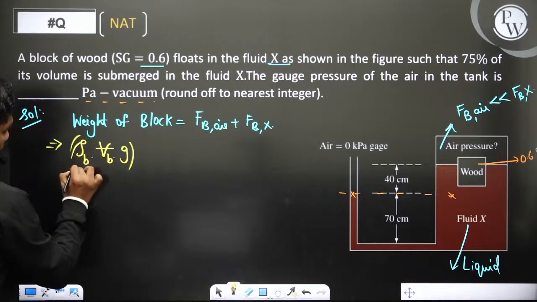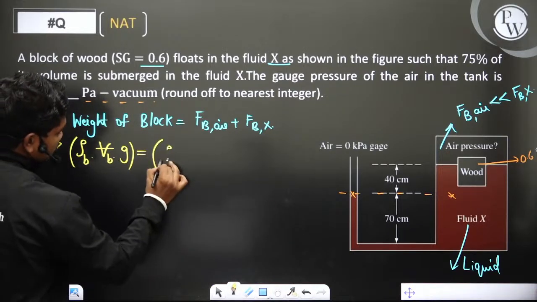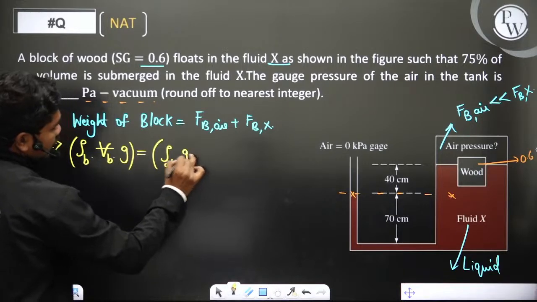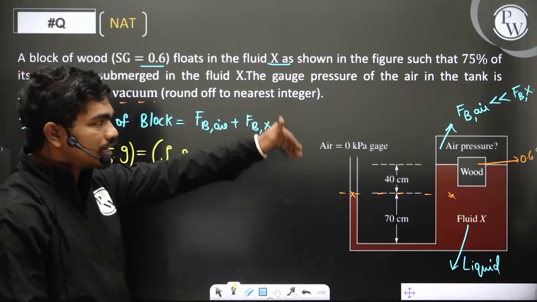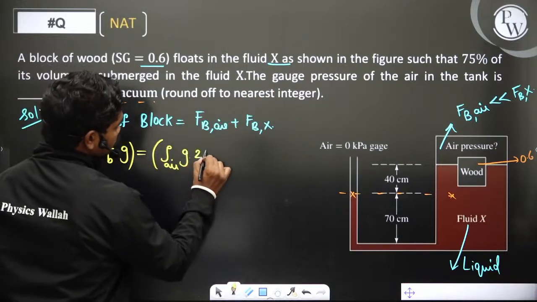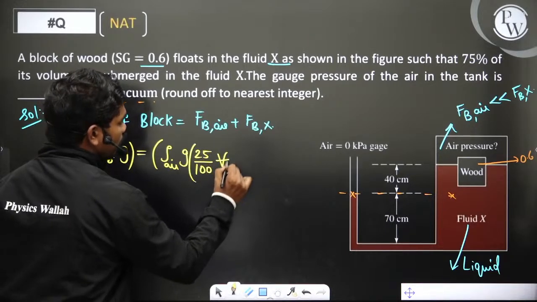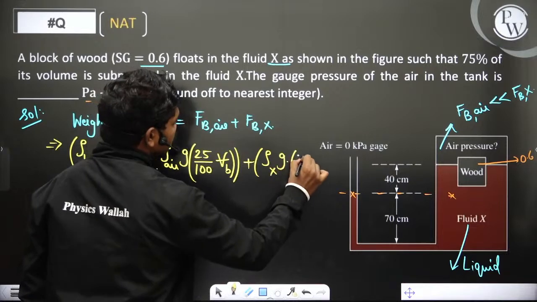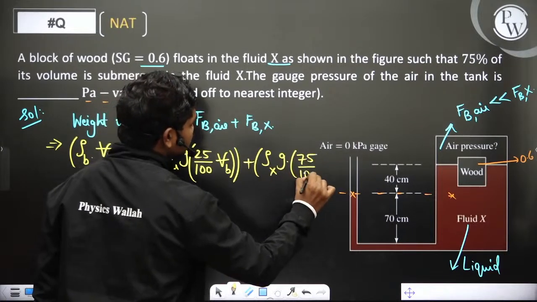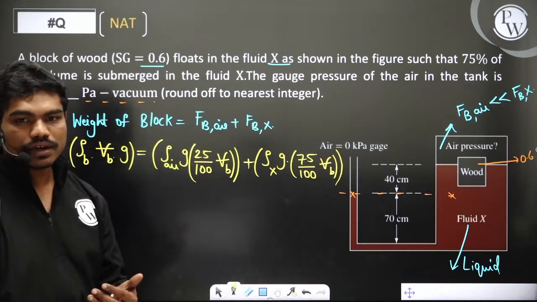This is equal to buoyancy due to air, density of air into G into 25% of the volume, since 75% is submerged in fluid X and the remaining 25% is in air, plus density of fluid X into G into 75 by 100 times volume of the block, okay?